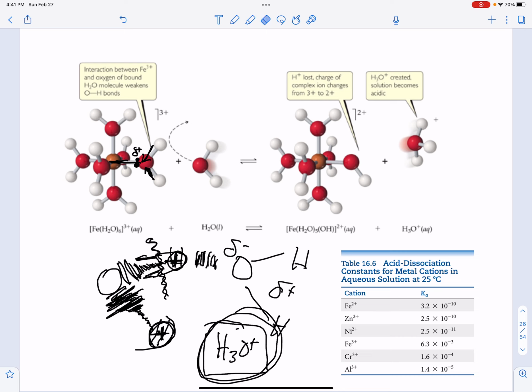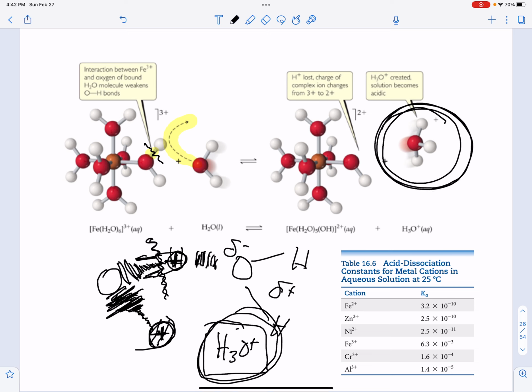So that's what we are seeing here. This bond is very weak. So these lone pairs here take it and break that bond, therefore creating hydronium.